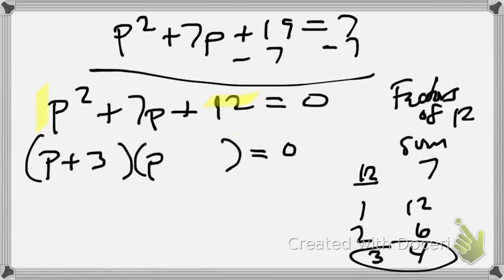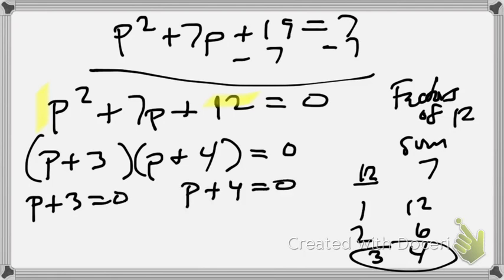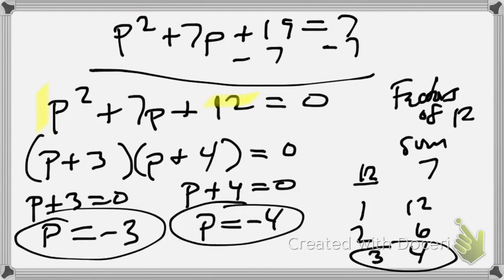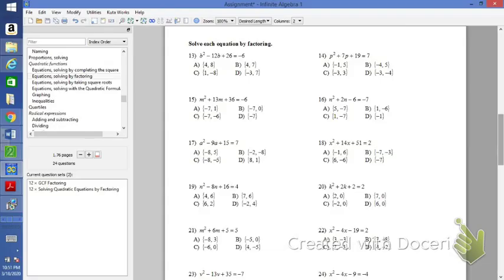So plus 3, plus 4. Set both factors equal to 0 and solve. So p equals negative 3, p equals negative 4. Those are your solutions. Those are your zeros. Those are your x-intercepts to the quadratic. So that's going to be D.